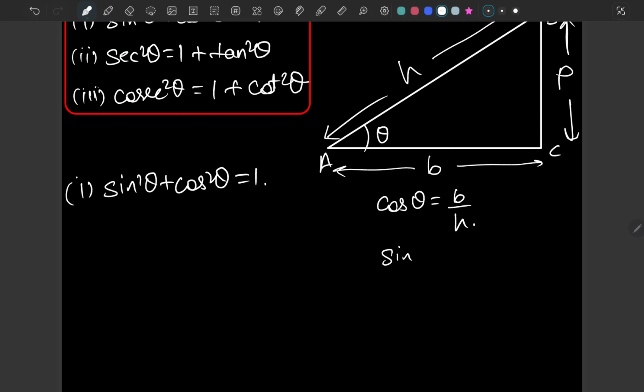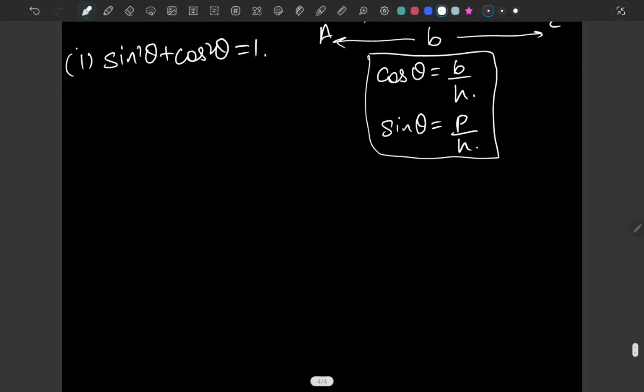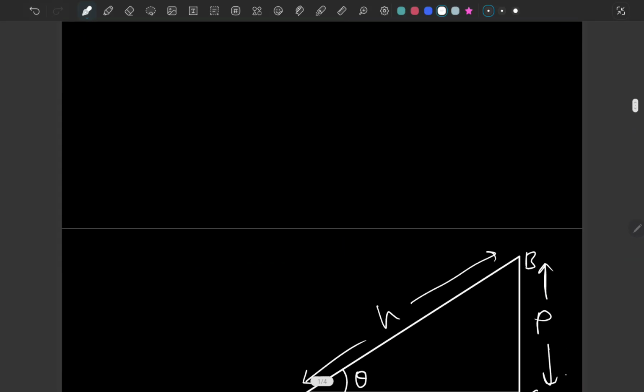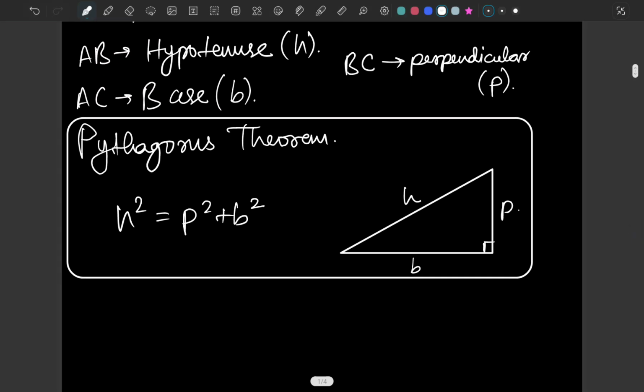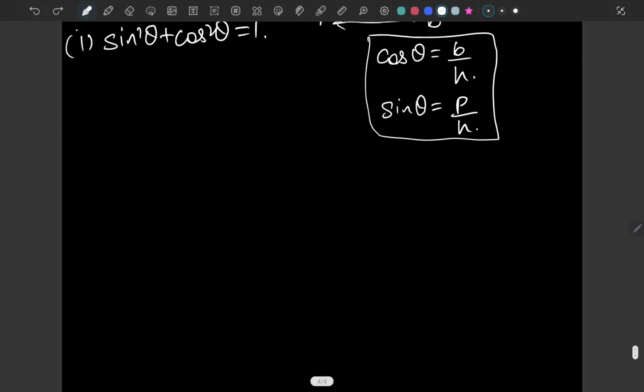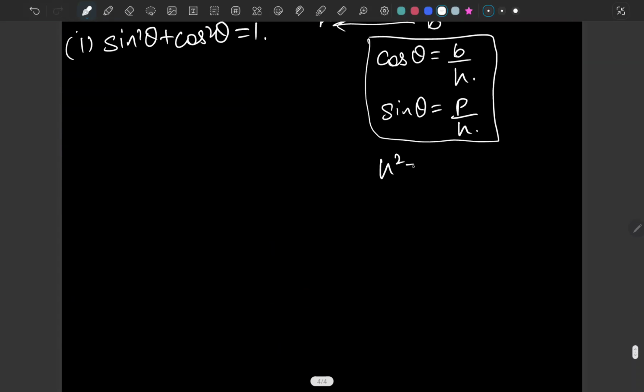And sine theta is the side in front of the angle theta, that means p over h, right? So here we have these two things. And again, as I told you to remember, the Pythagoras theorem, right? I hope you are clear with that. Let me write that down here as well: h squared equals p squared plus b squared.